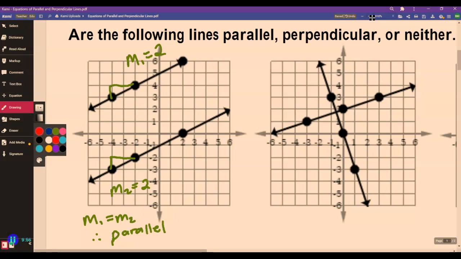Over here on the second one, call this one my M1, first slope, which is what, 3 over 1? Slope is 3. Is that correct? Absolutely not. It's negative 3. So you can mess up on these.